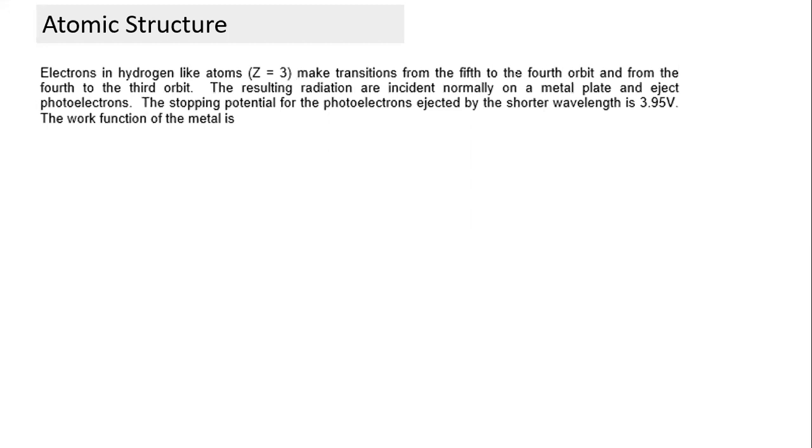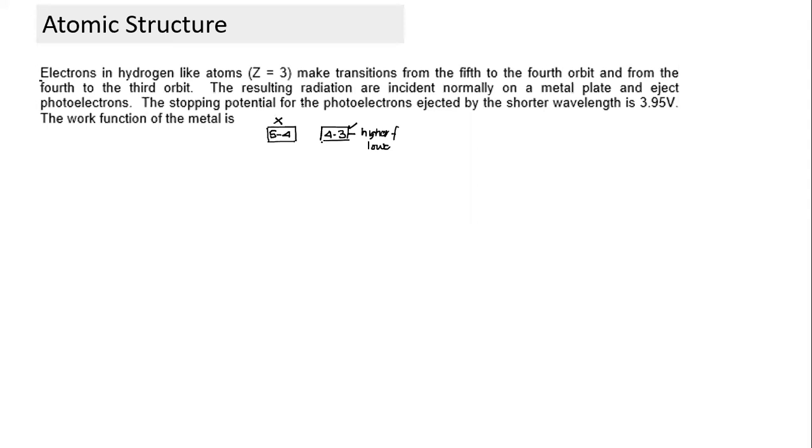One is from 5 to 4 and the second is from 4 to 3. Which transition will contain greater energy? Will 5 to 4 or 4 to 3 contain greater energy? Pranav, can you answer me? 4 to 3 will contain greater energy. So first we identify that this will contain greater energy. So 4 to 3 will have higher frequency and lower wavelength. So the question pertains to which transition.